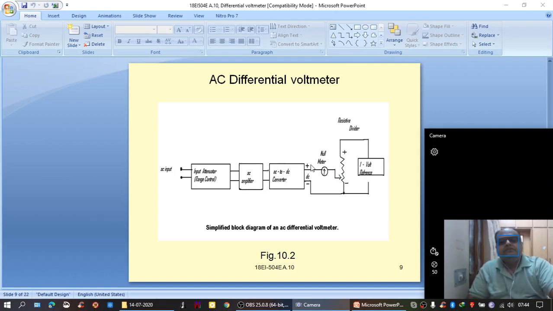When the average value of this pulsating DC is equal to the potentiometer voltage, the null detector reads 0. That is the principle. Principle remains the same.